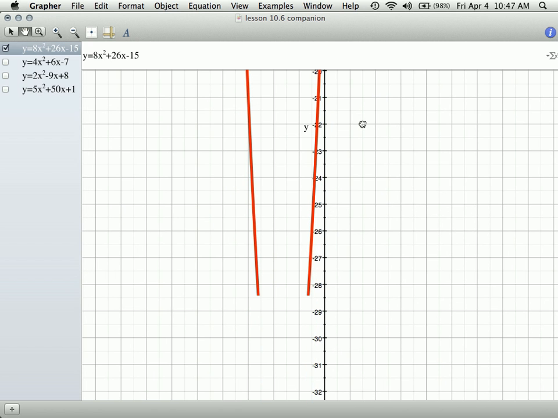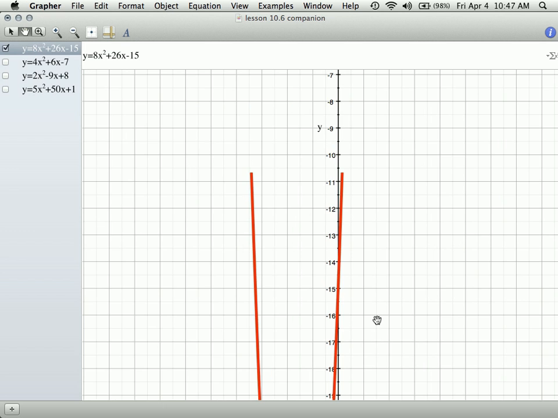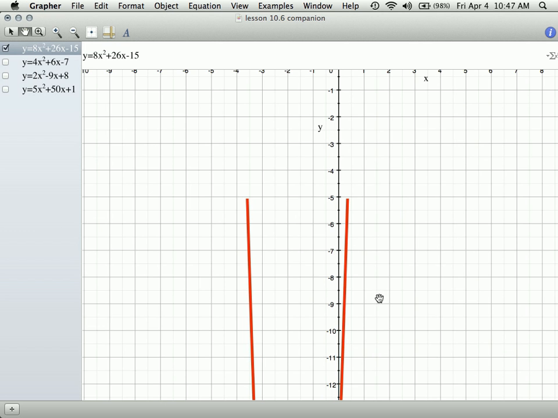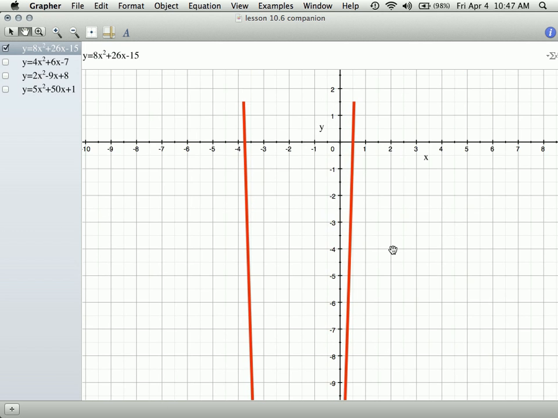When you look at where it crosses the x-axis, you can see right here, it crosses at 1/2, and it crosses at negative 3 3/4. So this is the graph, and you can see the equation right here. And this program graphs it for us. Does anyone have any questions about that?